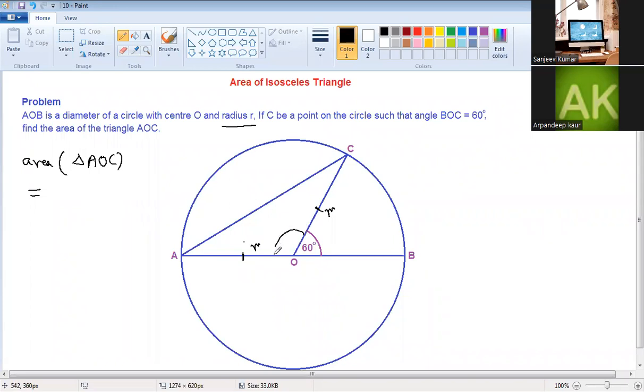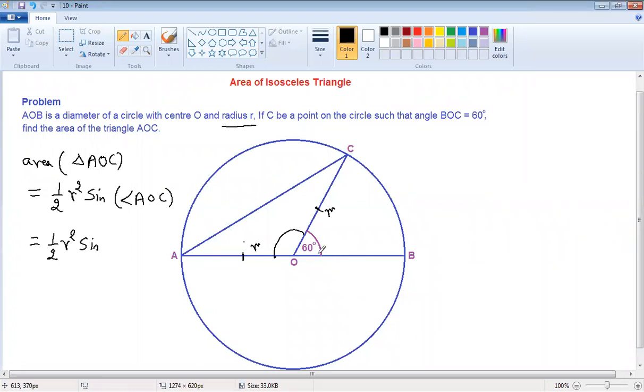If we know this angle, then we have the formula half into R square into sine of the vertical angle. The vertical angle is angle AOC. This is equal to half R square sine of, because AOB is a diameter, this angle is 60 degrees.